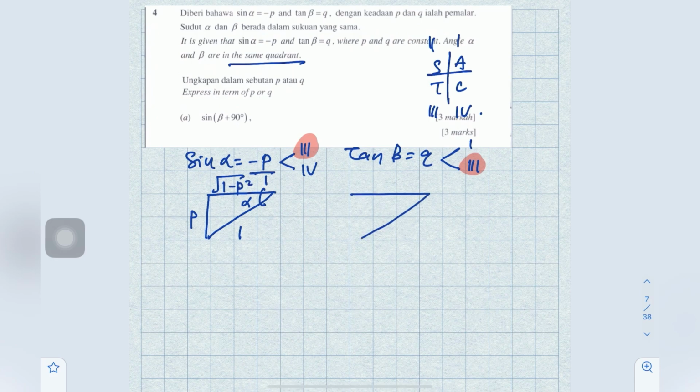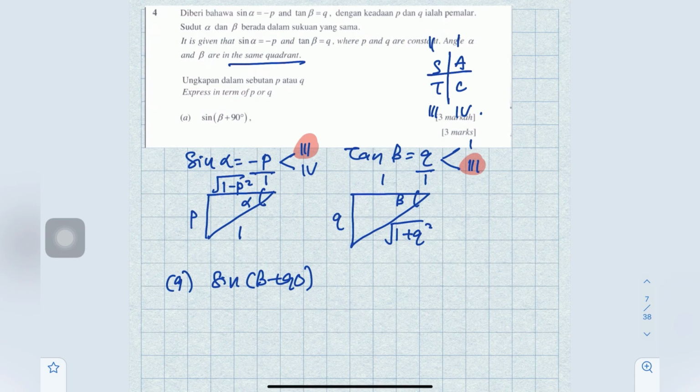Beta is the same. You have to draw beta, tangent Q. So actually Q over 1. So tangent is opposite Q, adjacent is 1. So the hypotenuse is square root of 1 squared plus Q squared. 1 squared is 1, we do not write it. So for A, we have sin of beta plus 90.